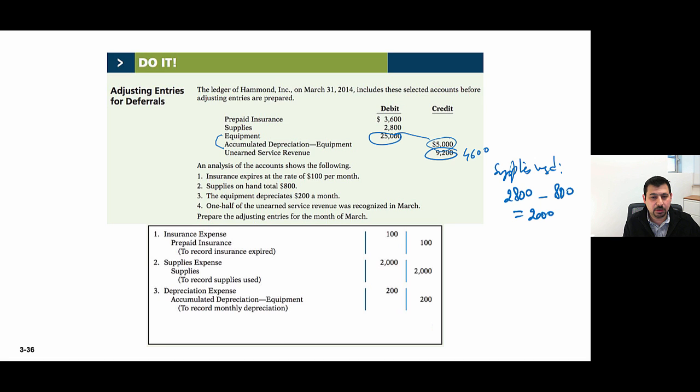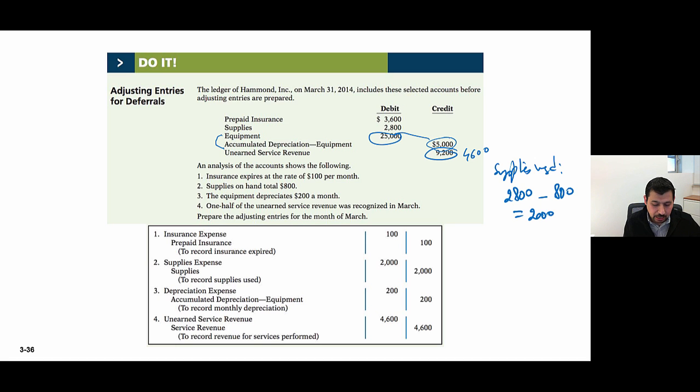And at this point, well, the company has earned those revenues, and as a result, we debit unearned service revenue, because when you say unearned service revenue, it means that it was already paid before. So the company is not receiving cash. The company is simply earning the money that they have already received.